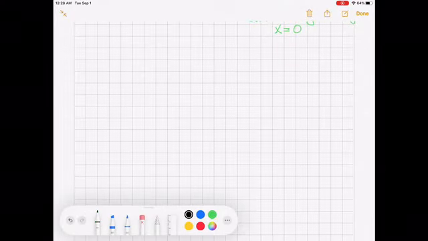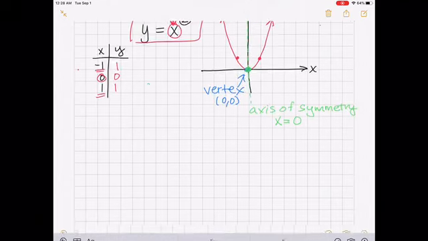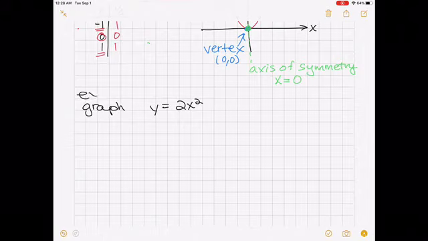what if we changed how this looks? What if I asked you to graph a different kind of quadratic equation, y equals 2x squared, okay?